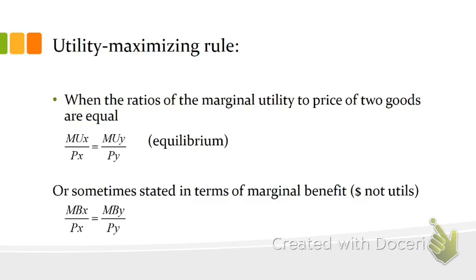Sometimes this is stated in terms of marginal benefit. Rather than utils, they use dollars. Don't let that throw you off on the AP exam. The last couple times they've asked about utility maximization on the AP exam, they've done it in terms of benefit, so it's a dollar amount. It's the same analysis, but instead of utils, you'll be using dollars as your marginal benefit.